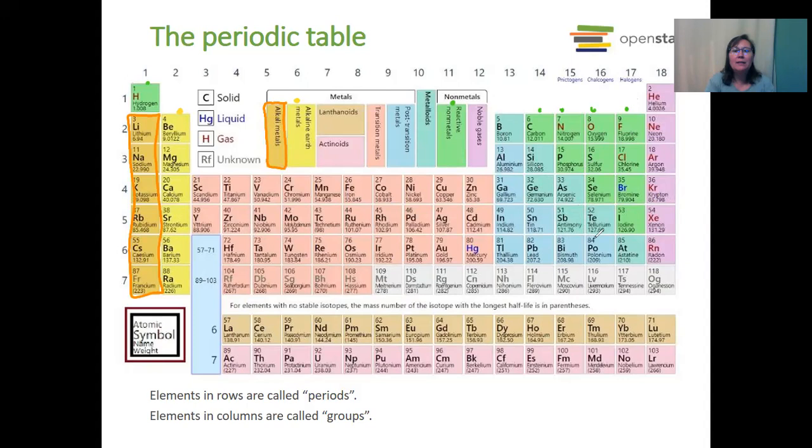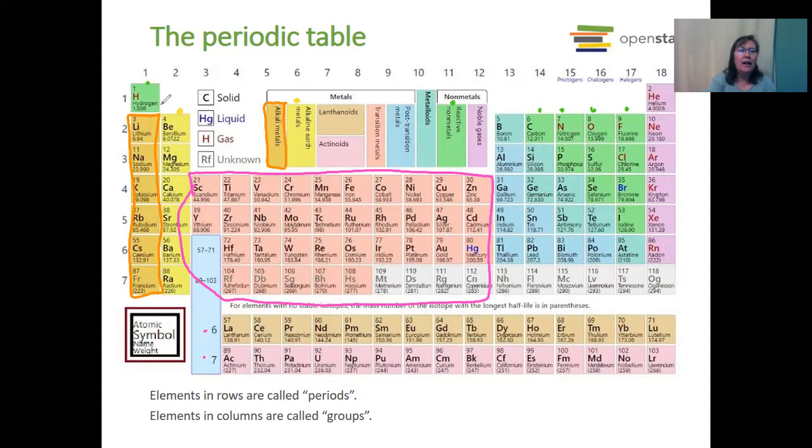Your metalloids here in kind of a greenish blue, and your post-transition metals underneath in a slightly different blue. They show them here together. Your transition metals here in pink. Okay, and your lanthanides and actinides down below.